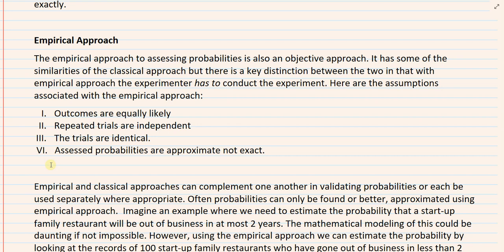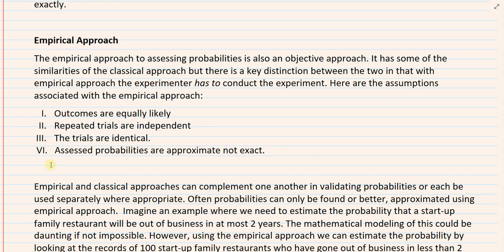Okay? Now, the next item is that the probabilities themselves are not exact. So that's very important to note. The probabilities that we get from the empirical approach will all be approximations to the real probability.